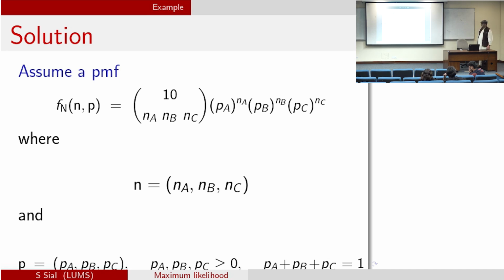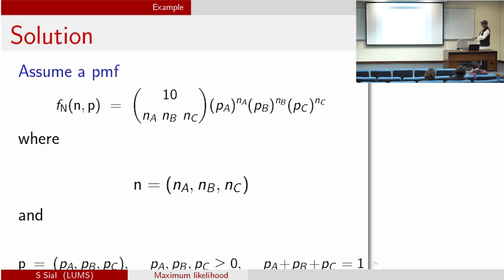This multinomial coefficient is defined to be 10 factorial divided by n sub A factorial, n sub B factorial, n sub C factorial. Okay, so I can think of these as vector quantities.